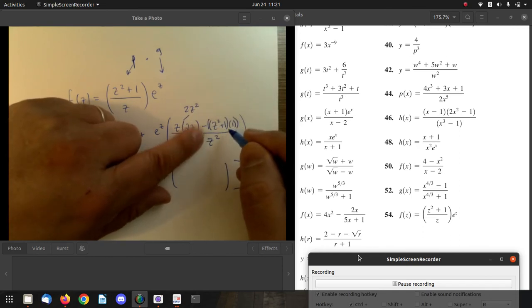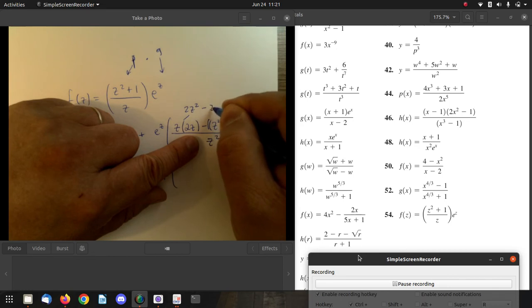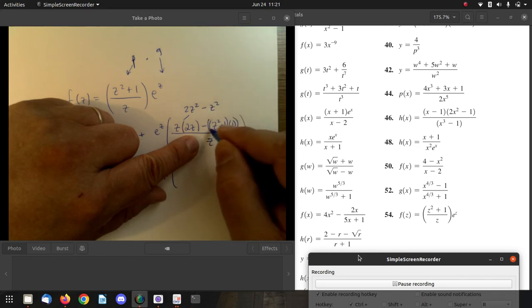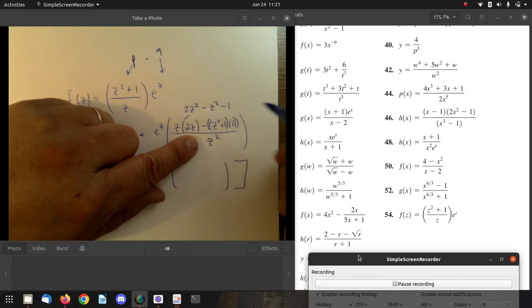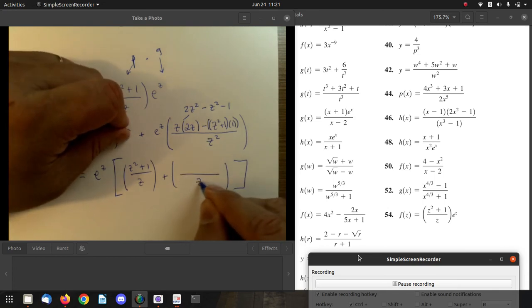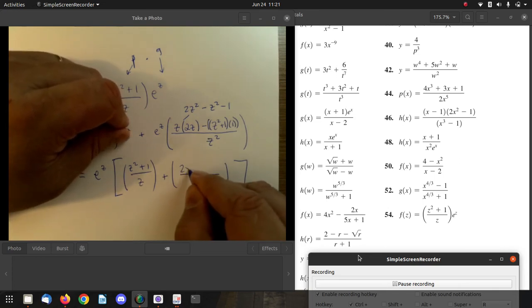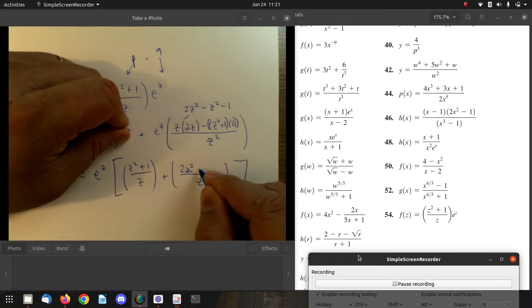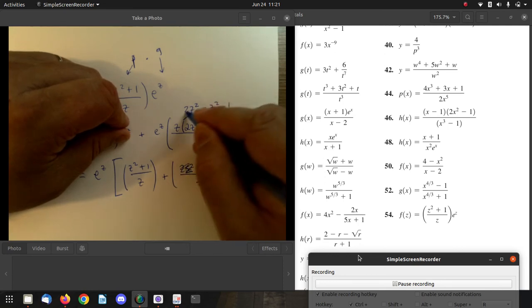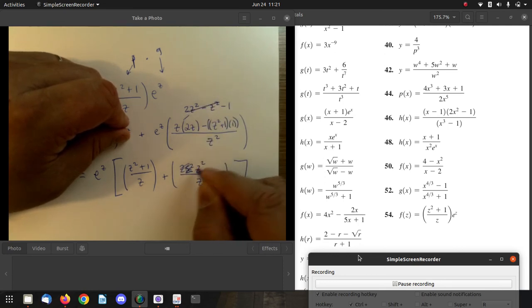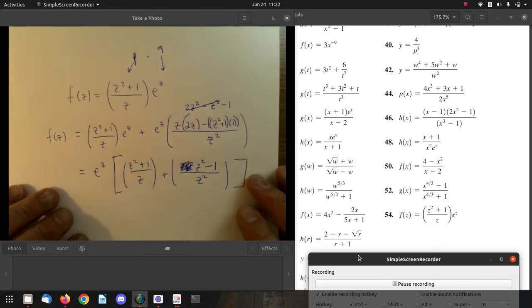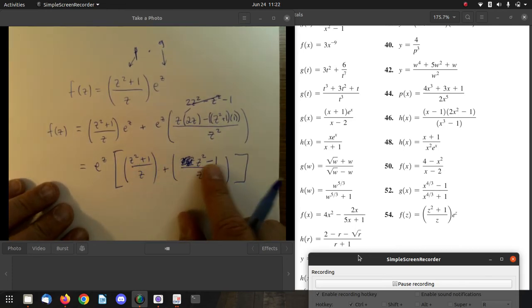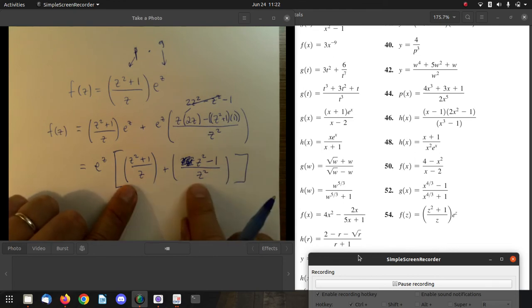Then this is just times 1, so we're going to have then minus z squared, and then we're going to have minus 1, all over z squared. So 2z squared minus z squared will just be 1z squared, so we're going to have z squared minus 1. And now we have z squared plus 1, z squared minus 1, and this one's over z squared.